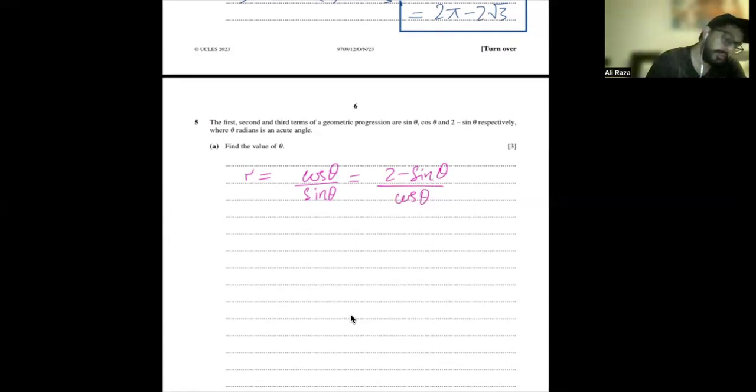We can cross multiply this. We get cos squared theta is equal to sin theta times 2 minus sin theta.